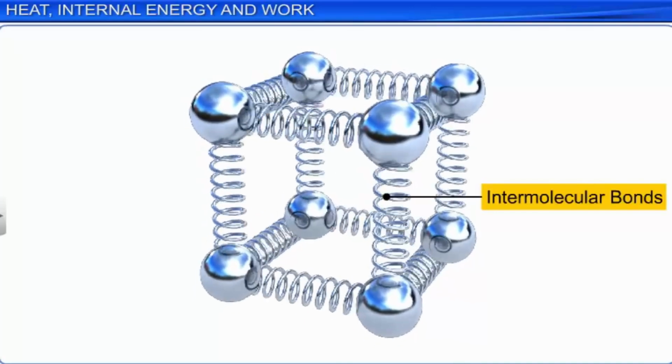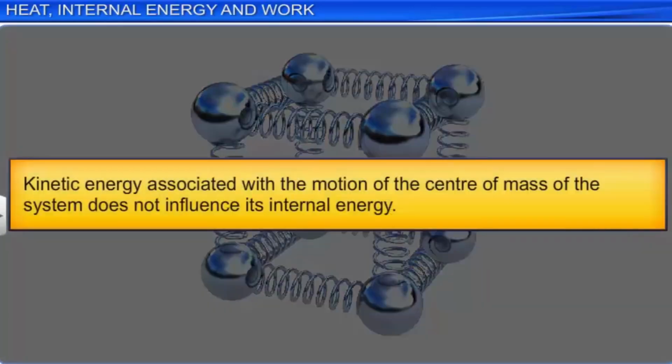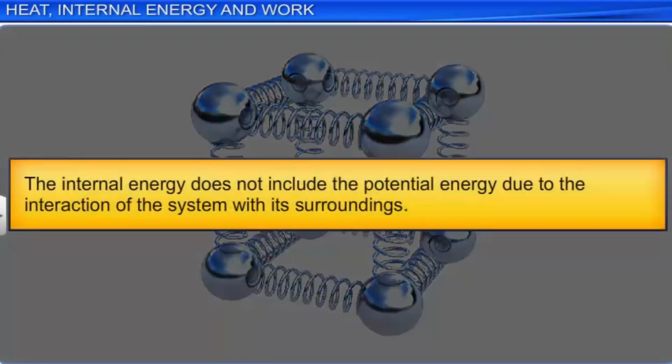An important point to be noted is that the kinetic energy associated with the motion of the center of mass of the system does not influence its internal energy. Similarly, the internal energy does not include the potential energy due to the interaction of the system with its surroundings.